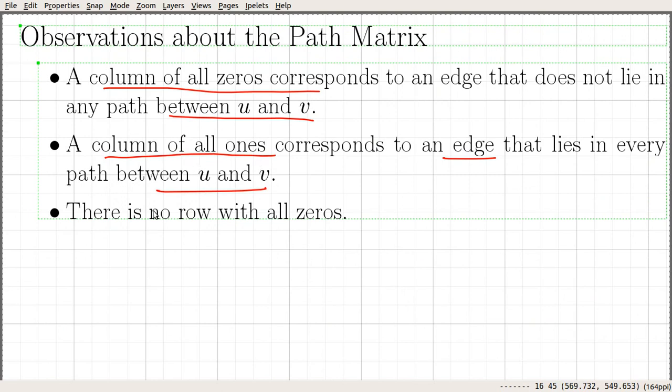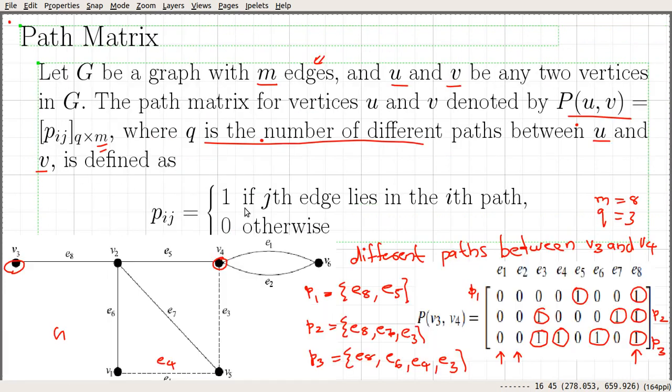okay, and there is no row with all zeros, okay, and again we are dealing with a path between two vertices, okay, and that says there is no row with all zeros, and that you can see from this example, okay, because we are dealing with two vertices and paths between U and V, okay, and again we are dealing with a connected graph, okay.